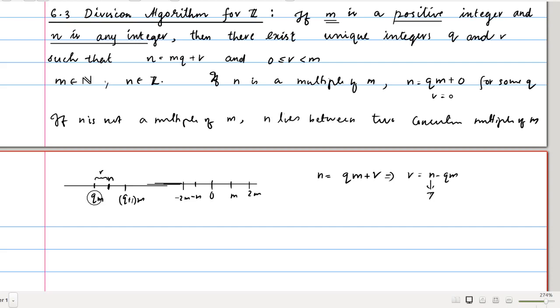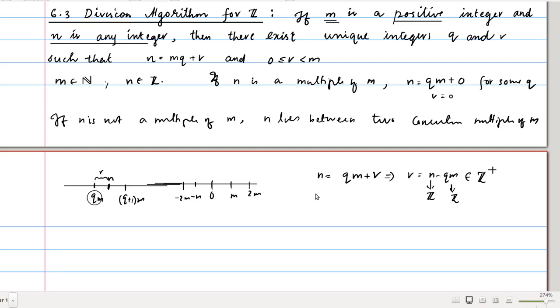N is an element of Z, and QM is a multiple of M, so that also belongs to Z. Then clearly this difference belongs to Z. Since N is greater than QM, and QM is the greatest multiple which is less than N, we can say that this is also positive. So this difference is an element of Z plus. That means R is always an element of the natural numbers.